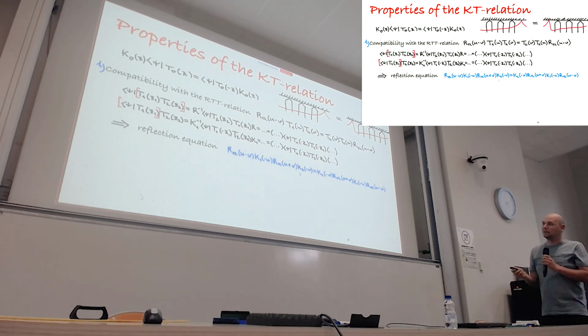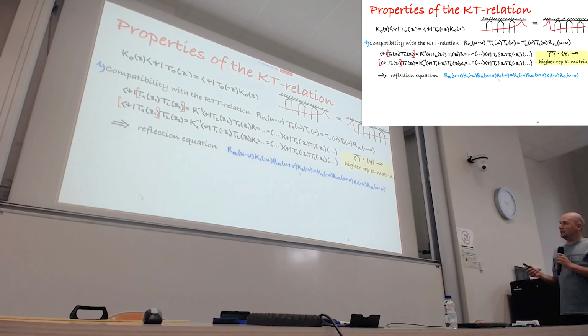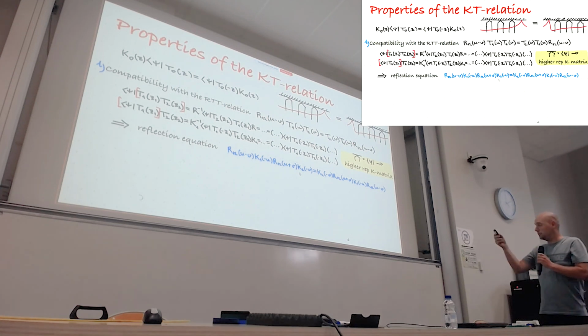So this K matrix cannot be an arbitrary matrix, it should satisfy the reflection equation, or boundary Yang-Baxter equation. And this two-side state phi also satisfies a reflection equation, but it corresponds to another representation, which corresponds to the quantum space. So it's a higher representation K matrix.